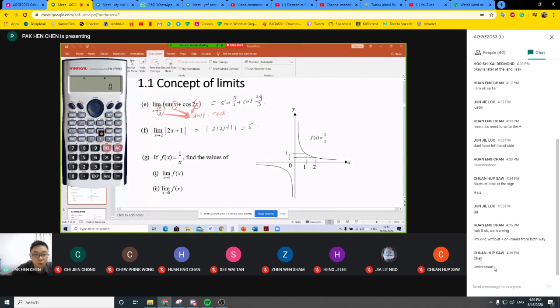Then only we start to key in accordingly. Pi over 3, then add up with cosine 2 pi over 3, which is this value, 0.3660. Understand?